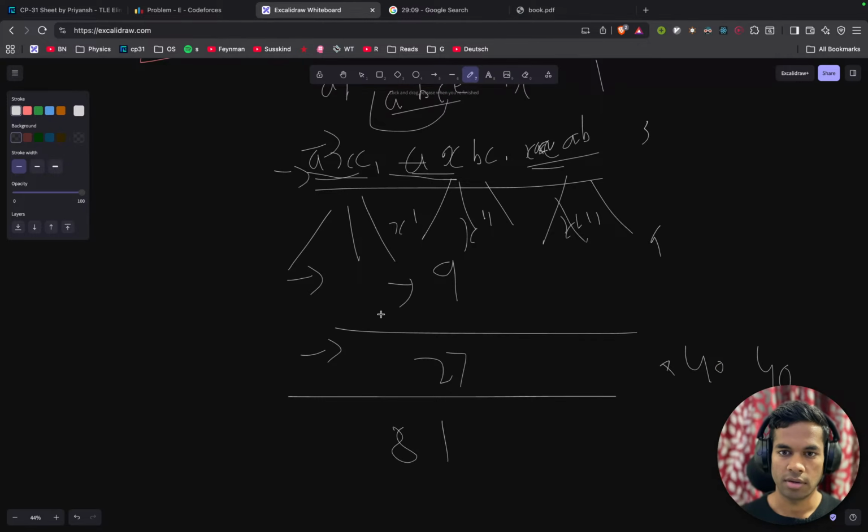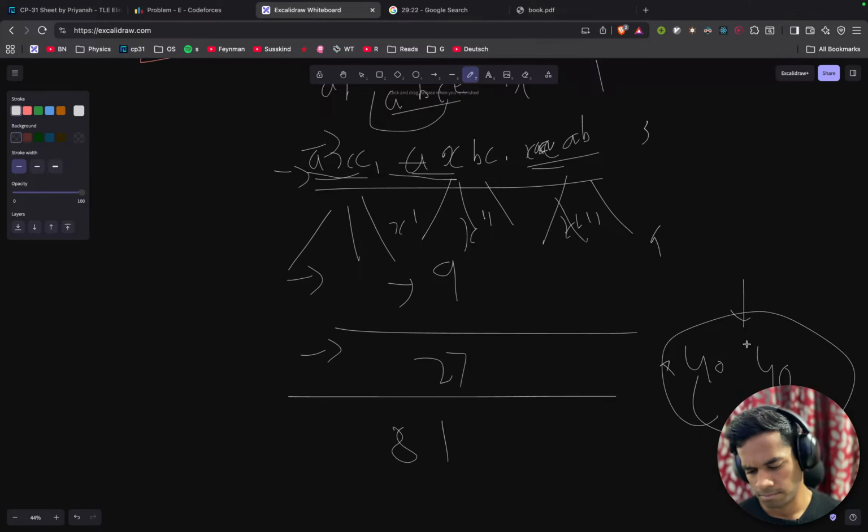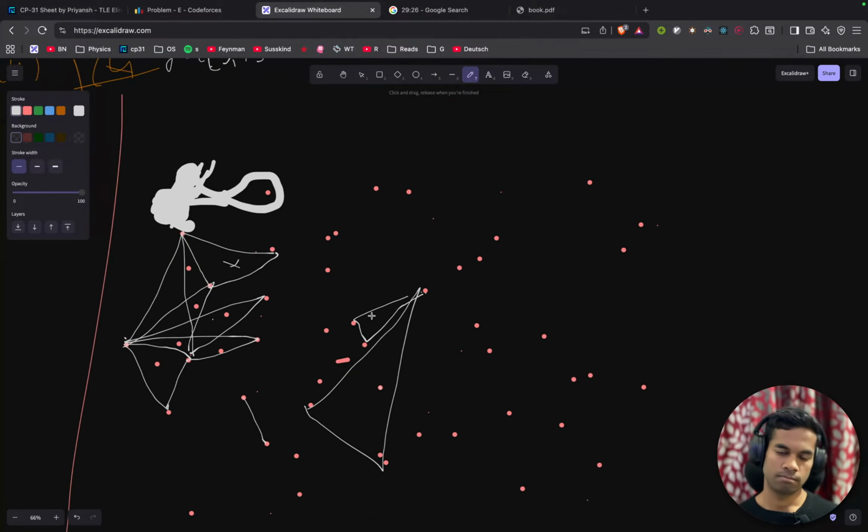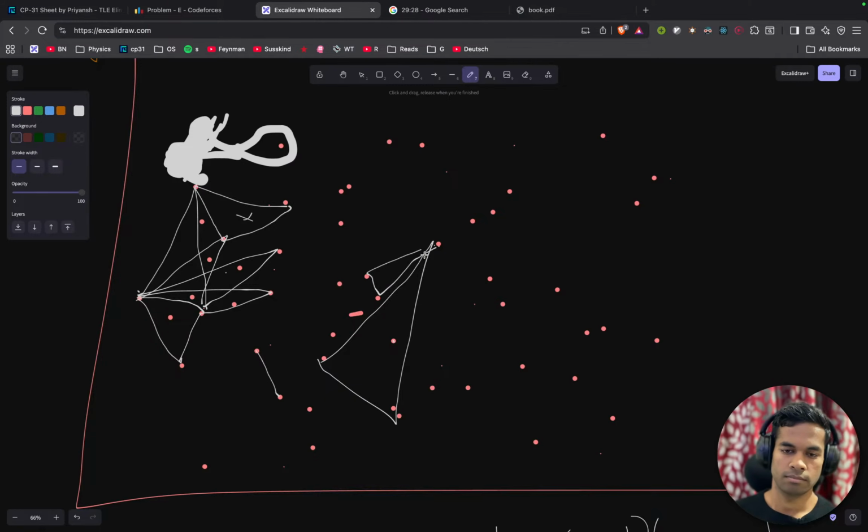Then we made 9 other choices and got 9 other points. We have got 40 new points.